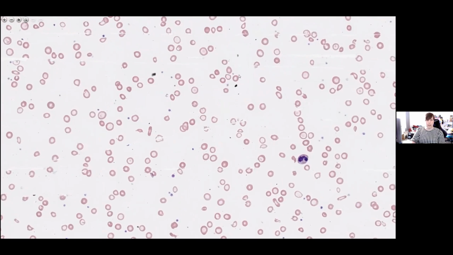As we move further out, I can't show that this is not the very tail of the film, but this is kind of where the monolayer would be. And I can see that they don't really look like they're stacked. They're quite distinct from each other. If they had them available, I would also look for an ESR. A lot of labs are still doing them, so you could check to see if there was increased rouleau that way.